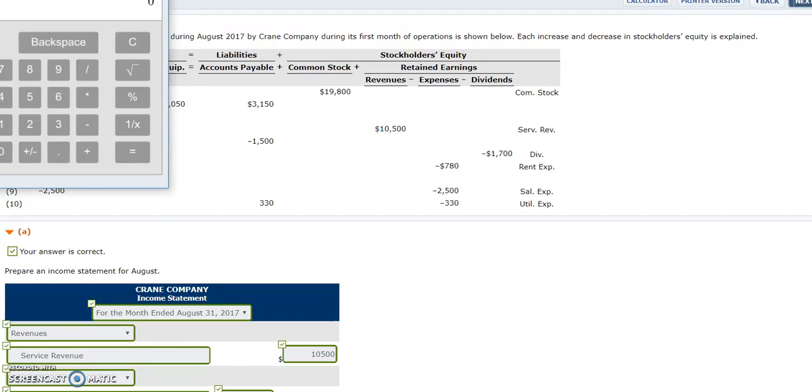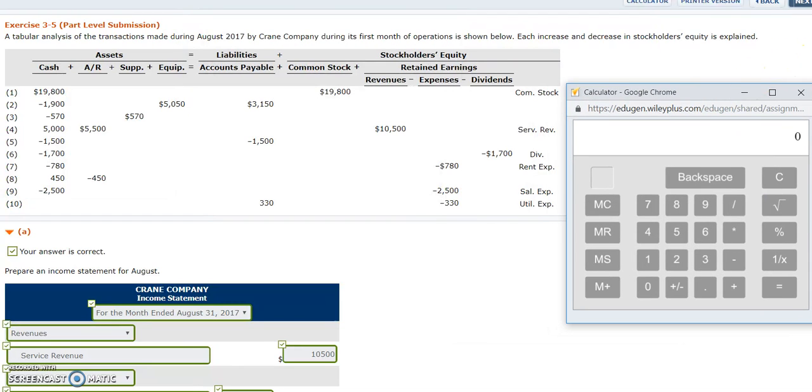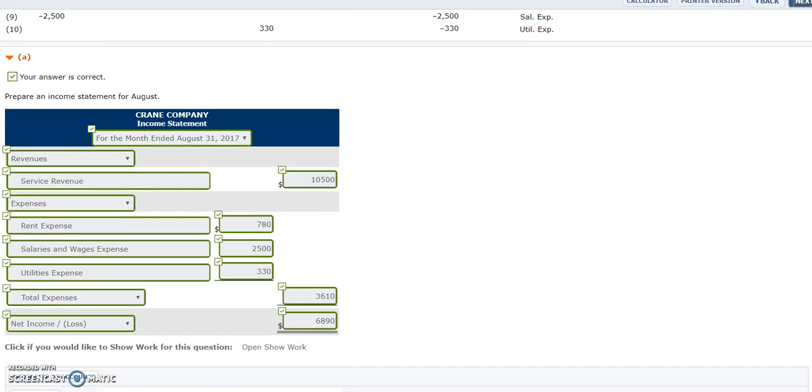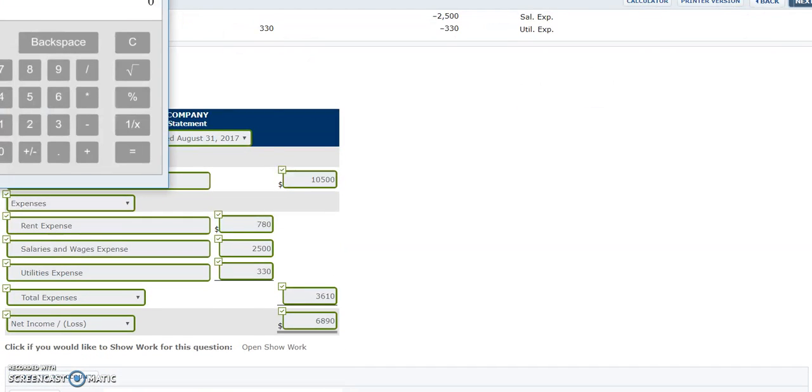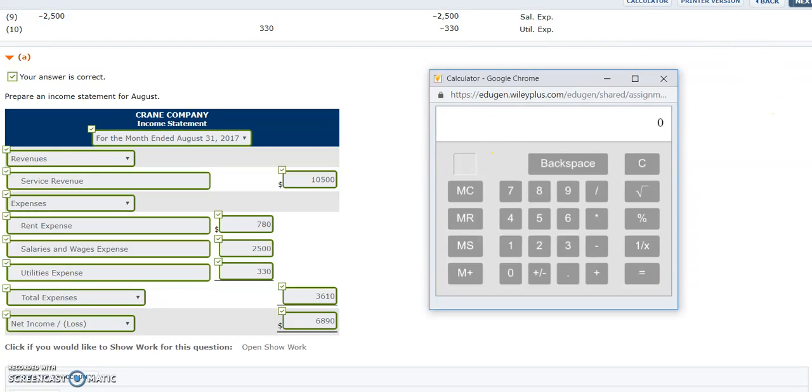I'll pull up a calculator and show you how I found my answer. So you take the rent expense of $780 plus your salary expense of $2,500 plus your utility expense of $330, and you should get $3,610.